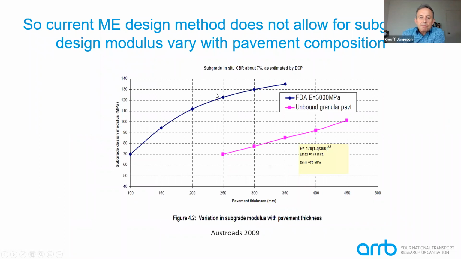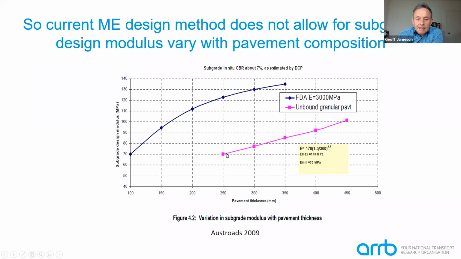And this just explains that a little further. I've given an example here that we did in 2009, where the pink line is for an unbound granular pavement with a sprayed seal surface. And this is for a subgrade that's got an in situ CBR of 7, so maybe a design modulus of 70 that we would use in design.